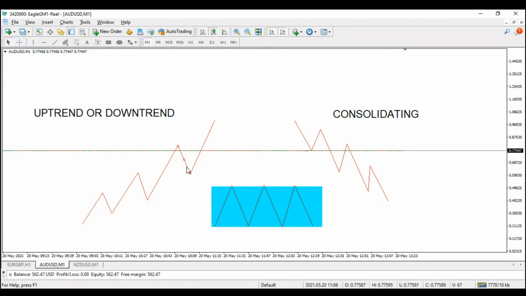Only in rare scenarios does it become picture perfect, but you will see an uptrend and a downtrend on the charts. Take note, don't look for picture perfect trends. You just want to understand the concept behind the trend, and that's how you excel as a trader.